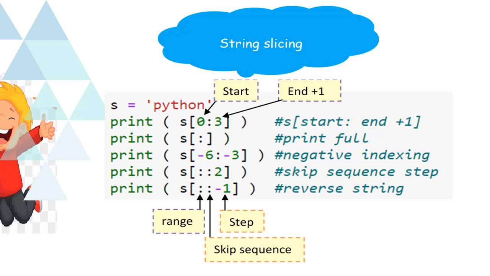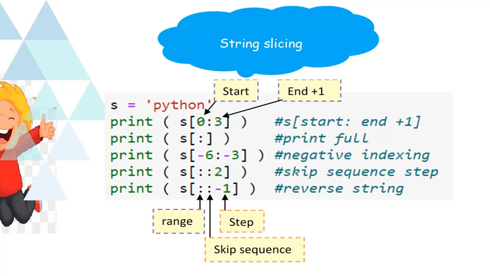In the second statement, we are not providing any start and end element, so the full string will get printed. In the third print statement, we are using negative indexing, which is -6 up to -3, minus 1, -4. So PYT will get printed.